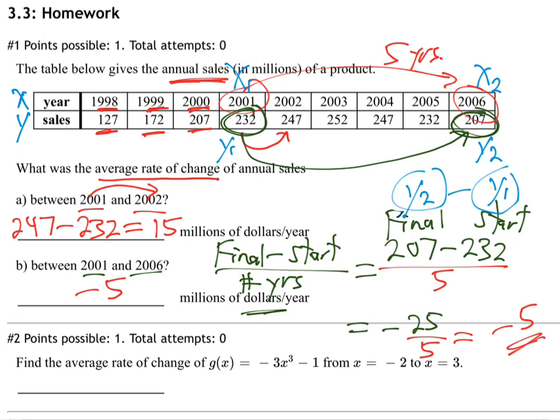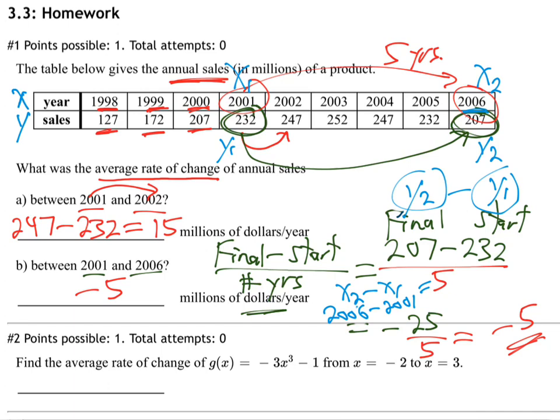Final y minus initial y. And on the bottom, x2 minus x1 would be the difference in years. 2006 minus 2001 gives us that 5 years that we had on the bottom. So I'm making more formal what we just did kind of casually. Does that make sense?